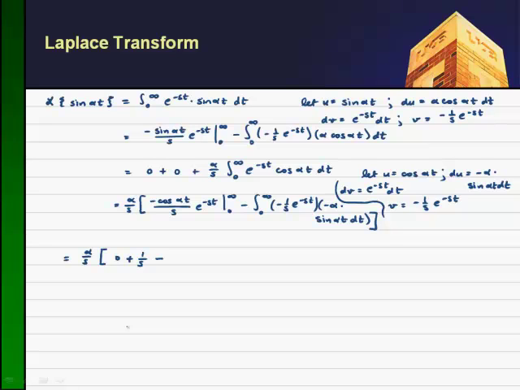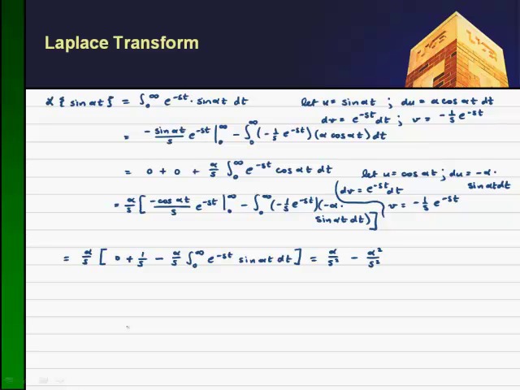I can pull out these constants alpha and s again. So I'll get alpha over s times the integral from 0 to infinity of e to the minus st sine alpha t dt. And if I distribute the alpha over s, I should get an alpha over s squared when I multiply times the 1 over s, minus alpha squared over s squared.